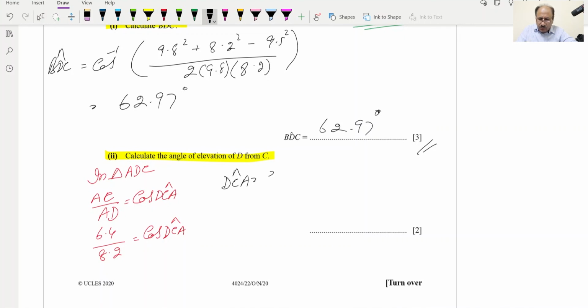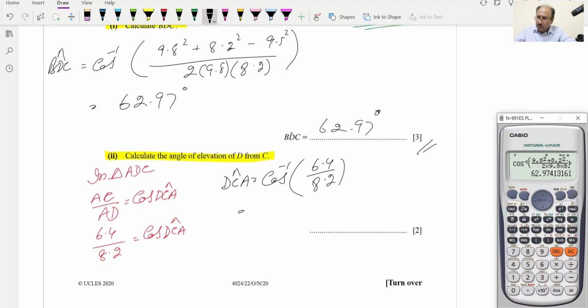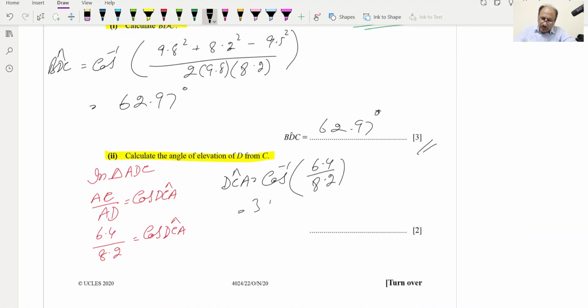DCA will be equal to cos inverse of 6.4 over 8.2, and this will be equal to shift cos of the fraction 6.4 over 8.2, bracket closed, and this is equal to 38.69, or we can write 38.7.